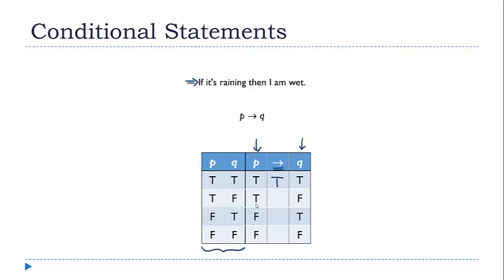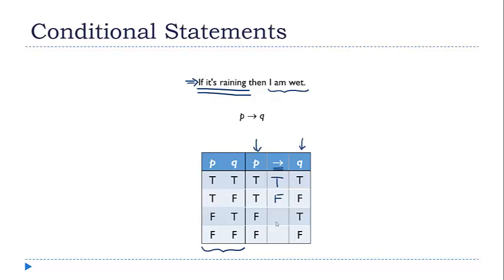Now, let's look at this second one. If it's raining outside and I am not wet, that's the situation where this statement is false. This statement tells you what's happening if it's raining. If there's water falling from the sky, then you can tell for certain that I am going to be wet. And if I'm not, then there's a problem, and there's something false about the original statement.